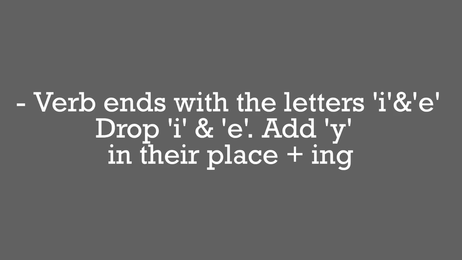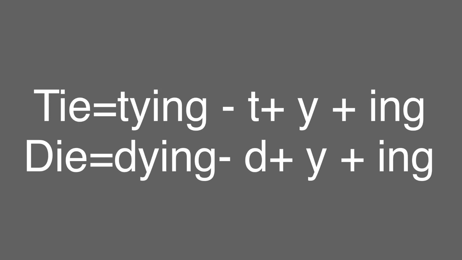If a verb ends with the letters I and E, drop those letters, that is the I and E, and add Y in their place followed by ing. For example, TIE, drop IE and you'll get TYING.